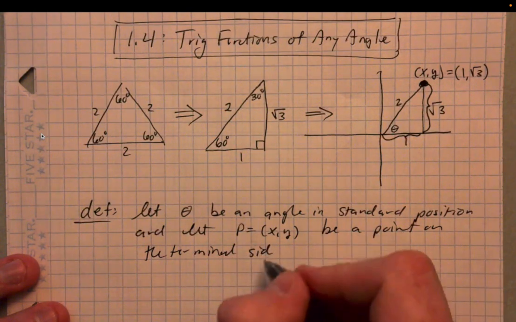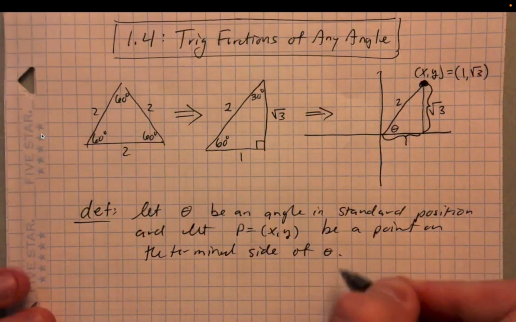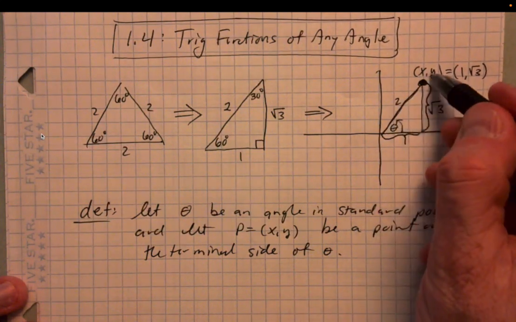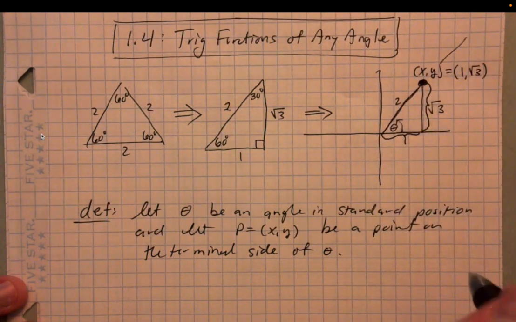So any point on the terminal side of theta. This is the angle theta here, this ray represents the terminal side of that angle, and this point (x, y) is some point on there.